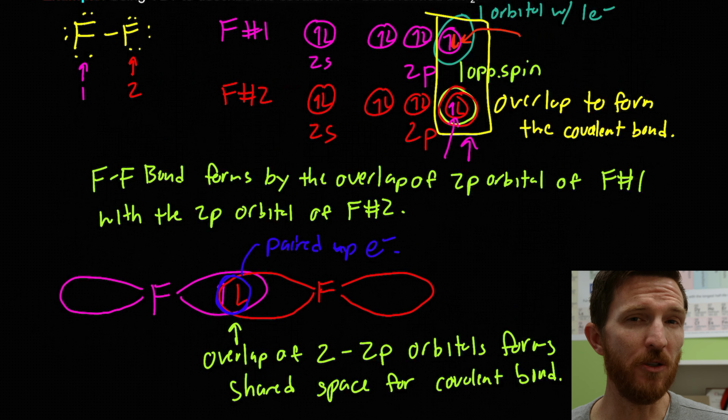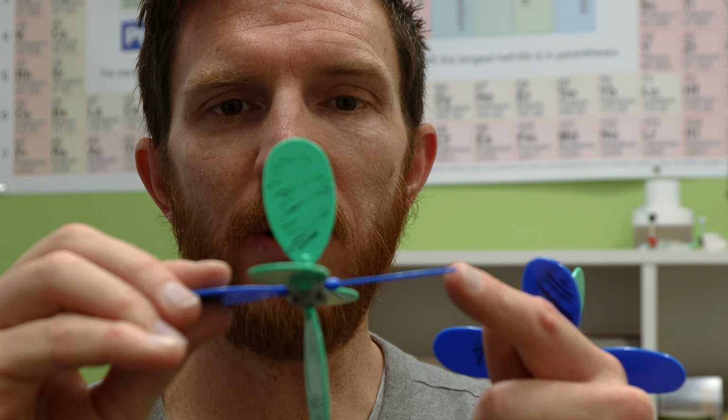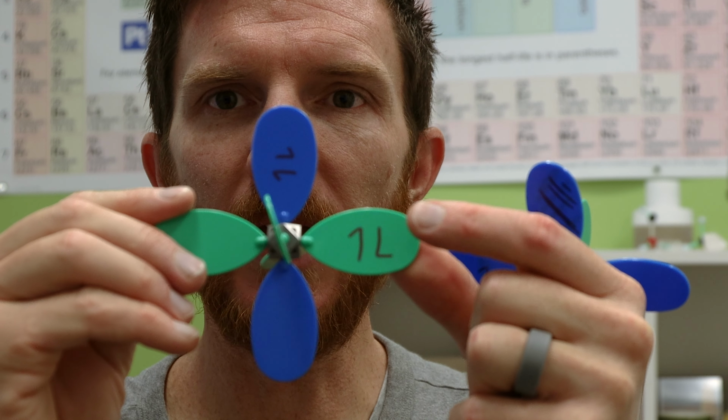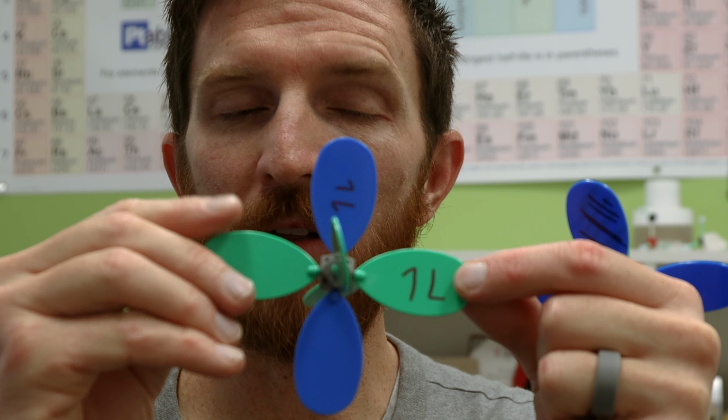So this is how we can use valence bond theory to describe and explain the orbitals that overlap when we form the fluorine-fluorine bond. We have the ability to visualize what this overlap might look like. I have one of my fluorine atoms, with my nucleus surrounded by these 3 sets of p orbitals. Our blue one is one set, and this other green one is another set. These were my 2 that have a full pair of electrons.